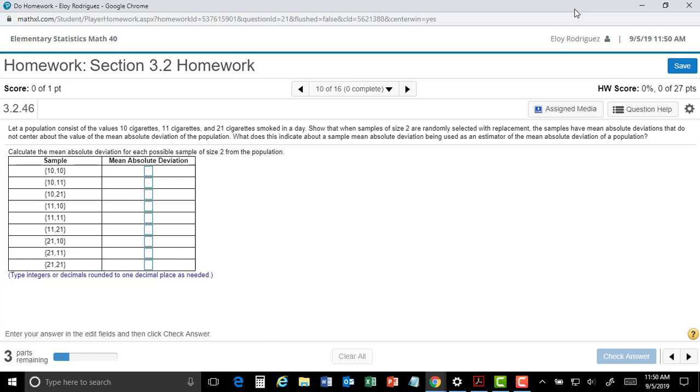Show that if samples of size 2 are randomly selected with replacement, the samples have absolute deviation that do not center about the value of the absolute mean. What does this indicate about the sample mean and deviation used as an estimator for the deviation of the population?